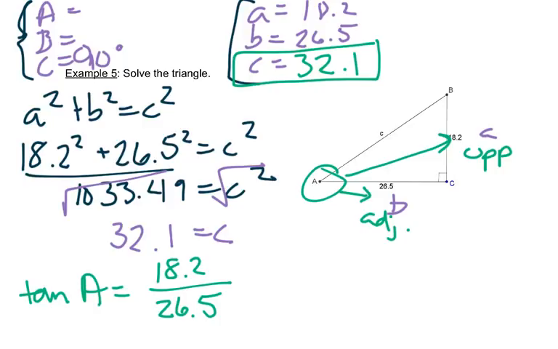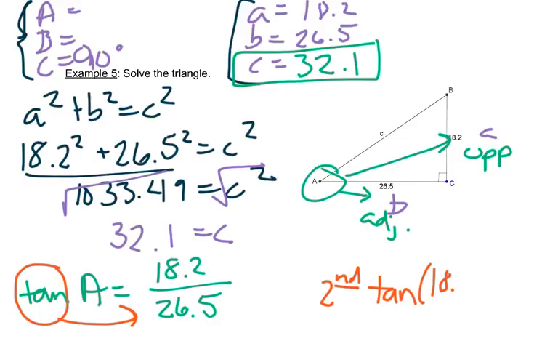Remember that anytime we want to get an angle by itself and we have to move a trig function, we have to use a second and then the trig function. Second tangent of 18.2 divided by 26.5 gives me A is equal to 34.48.